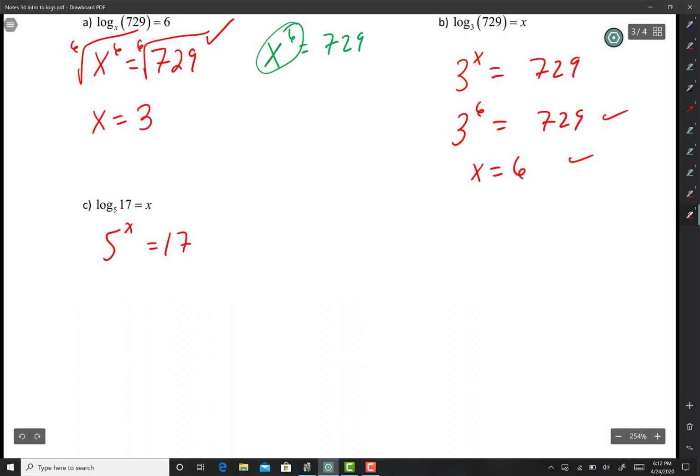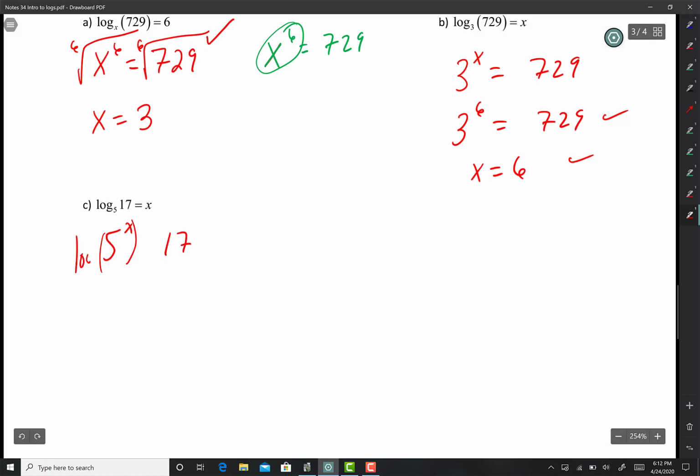So with what we know right now, there is something called a change of base, but we're not going to do that. What I want to do is bring that x down. So you put a log, and whatever you do to one side, you have to do to the other side. So now I have log of 5 to the power x equals log of 17. Sorry, guys, I said ln, but let's use logs.